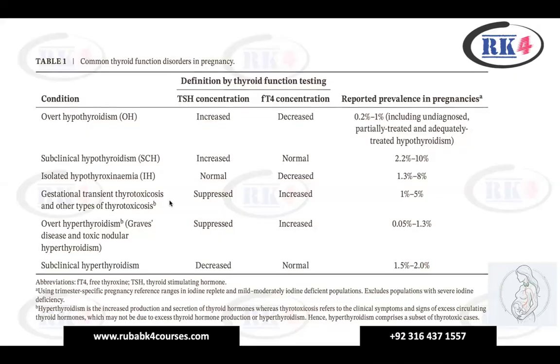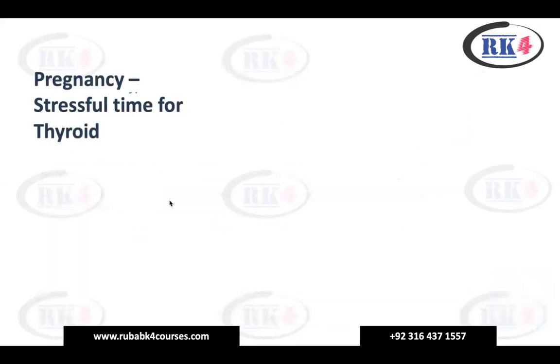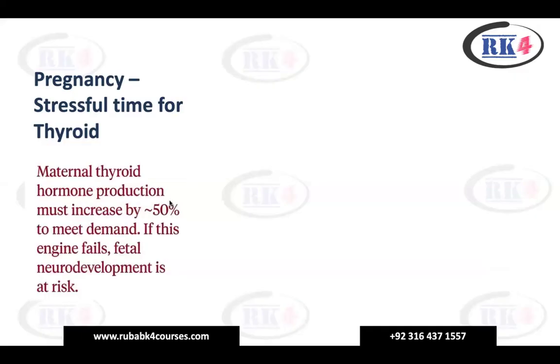So why are thyroid disorders important in pregnancy? That is the key question. Pregnancy is a stressful time for the thyroid gland because thyroid hormone production should increase by approximately 50% to meet the increased demands.